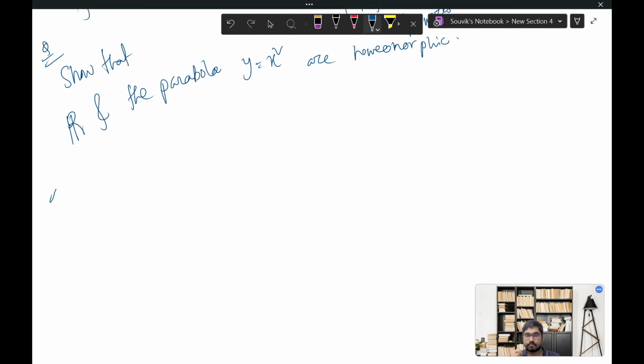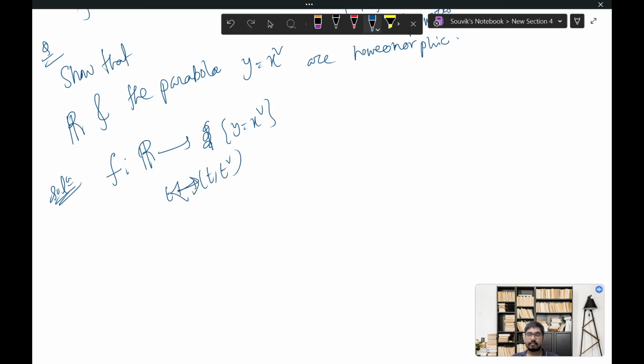How to prove it? Define a function f from R to the graph of the parabola, sending t to (t, t squared).